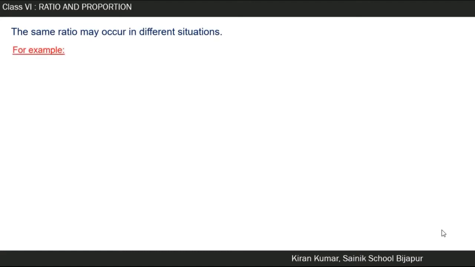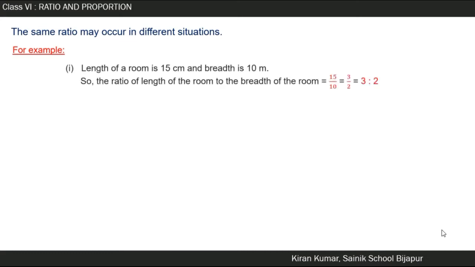For example, if I consider the length of a room to be 15 centimeters and breadth to be 10 meters, sorry, 10 centimeters, the ratio will become 15 by 10.